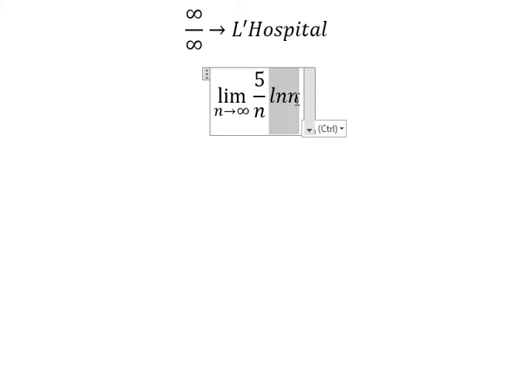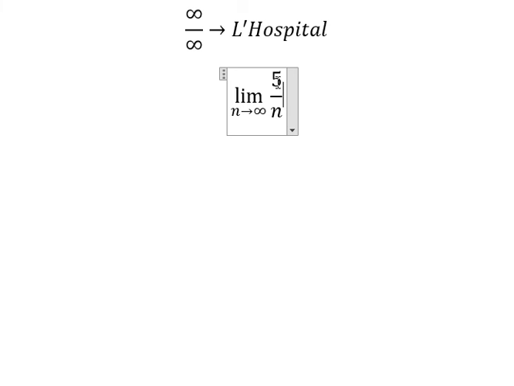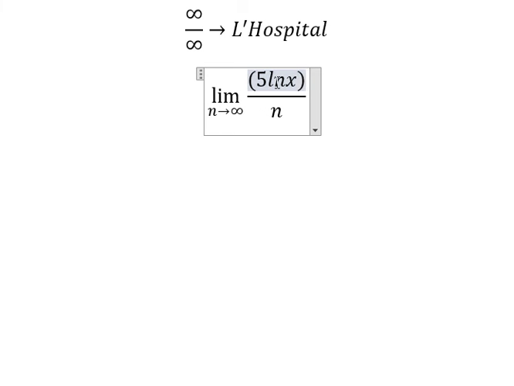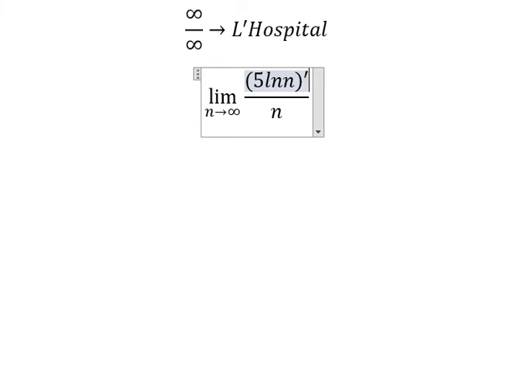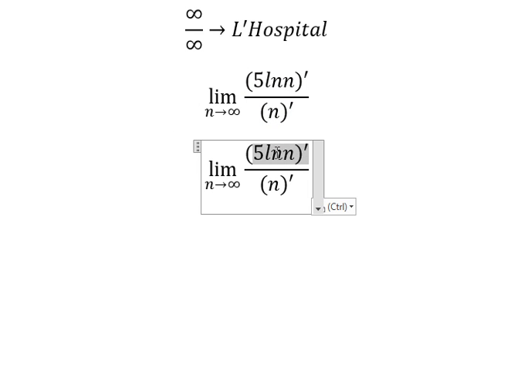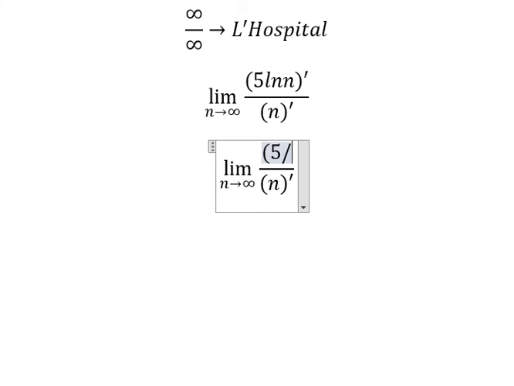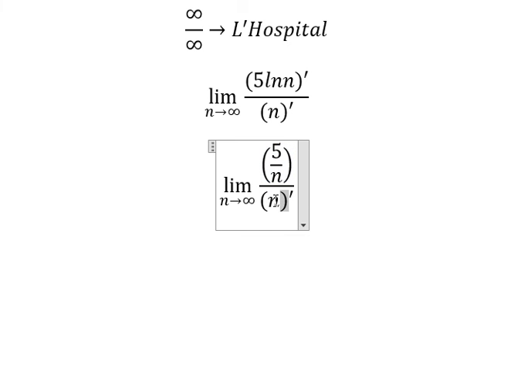That means we need to do the first derivative on the numerator and denominator. So the first derivative of 5 ln n is 5 over n. This one you get number 1.